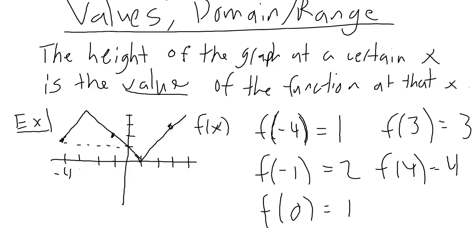So those are what values are. We write it like this, f of an x value, f of x. And if we have a rule, an algebraic expression for the function, then we know to plug in x. This one would be piecewise defined, but we'd know we need to plug in x to something over here to get the value.